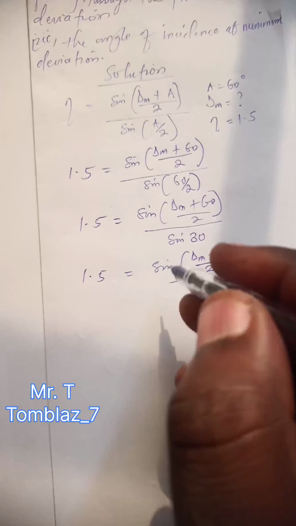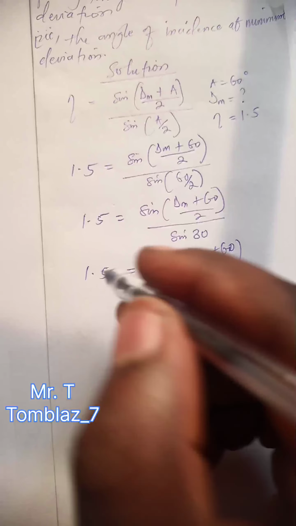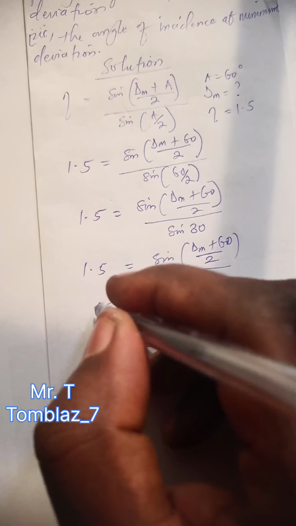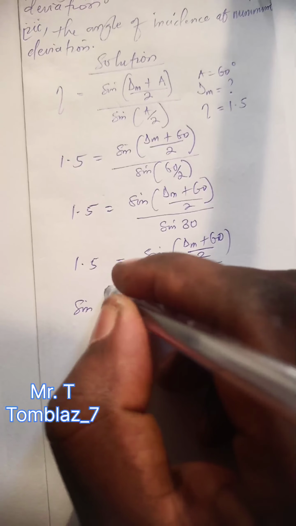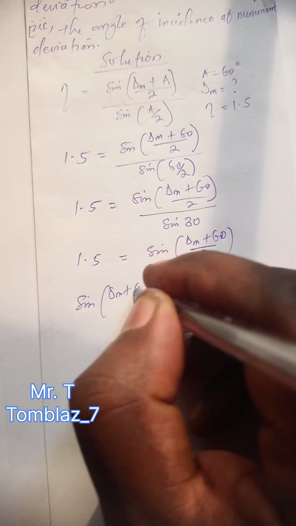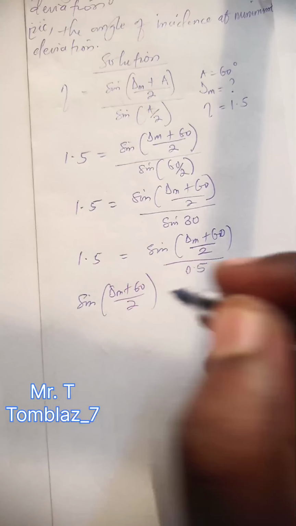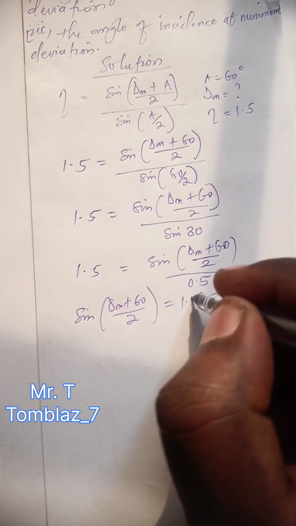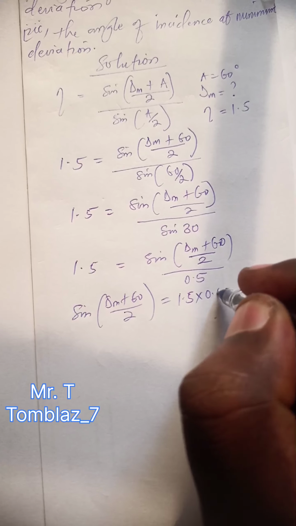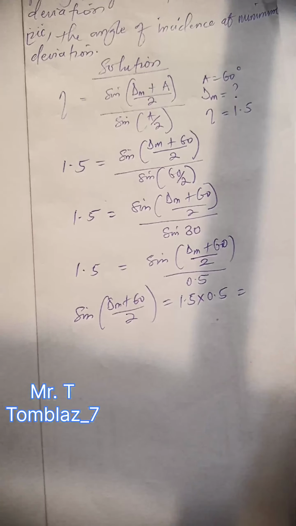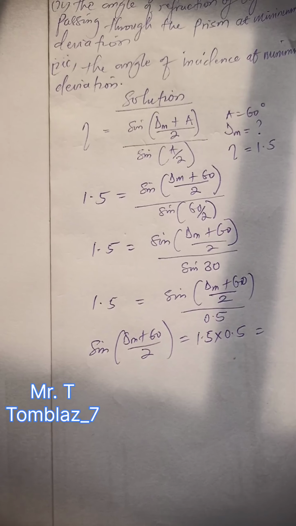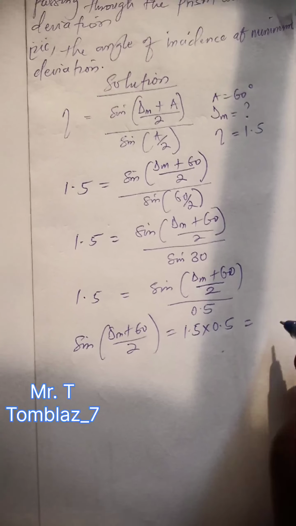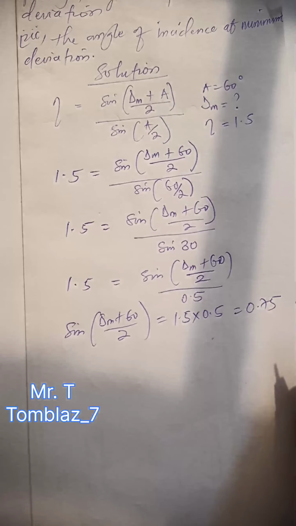So if we cross multiply now, this 0.5 will come and multiply 1.5, right? So we can have sine of Dm plus 60 all over 2 equals 1.5 times 0.5. This is going to give you 0.75.